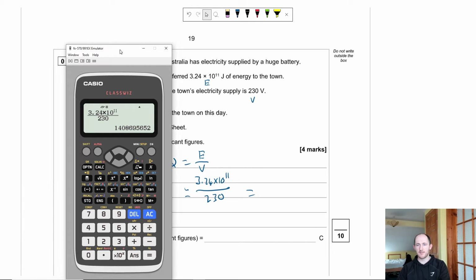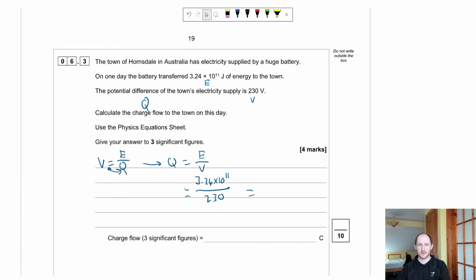It says 3 significant figures, so we can actually do this. We can actually write 1, 4, 1, and then how many zeros would that be? 1, 2, 3, 4, 5, 6, 7. 1, 2, 3, 4, 5, 6, 7 coulombs. If you want, you can write that in standard form, which would be 1.41 times 10 to the 9 coulombs. Both of those give you the right answer.